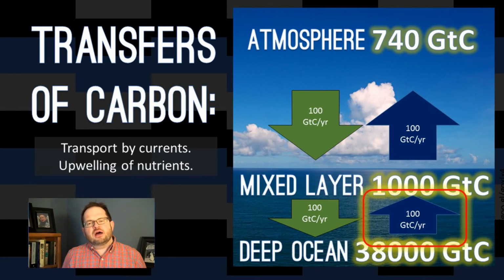How do we get that carbon back out? Not surprisingly, in the natural world when this is more or less in balance, we have a net transport of about 100 gigatons of carbon up from the deep ocean into the mixed layer.